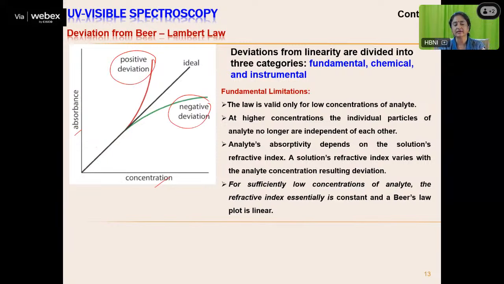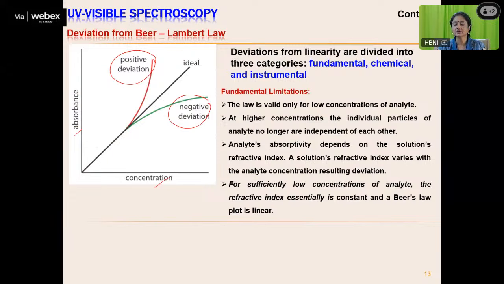So where does that deviation occur? Deviations from linearity are divided into three categories, namely fundamental, chemical, and instrumental. I want to give you a slide on each of these points. The fundamental limitation is that the law is valid only for low concentration of analyte. You must remember the assumptions or postulates of Beer-Lambert's law.